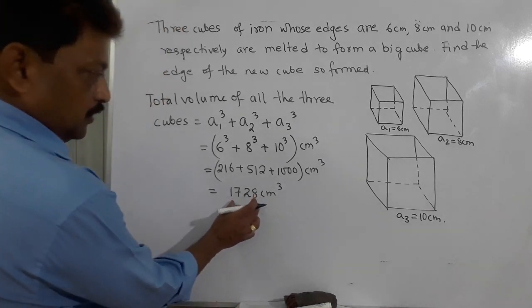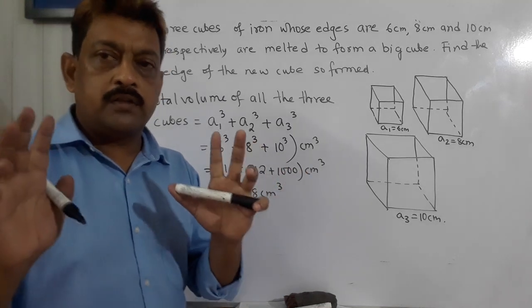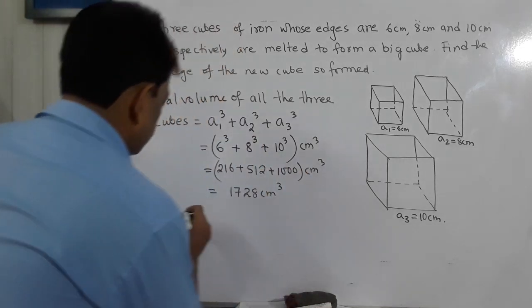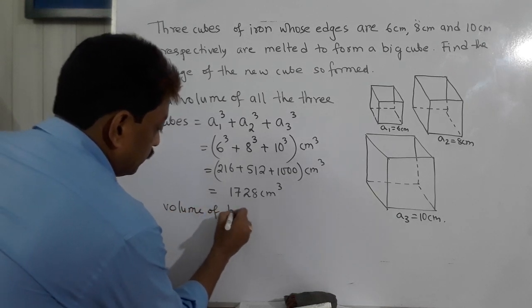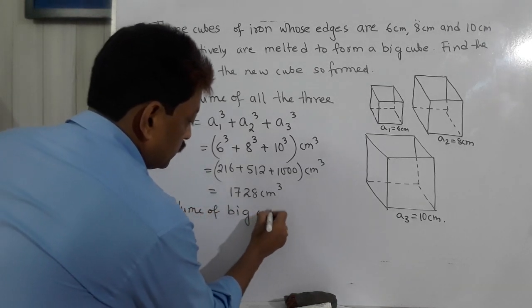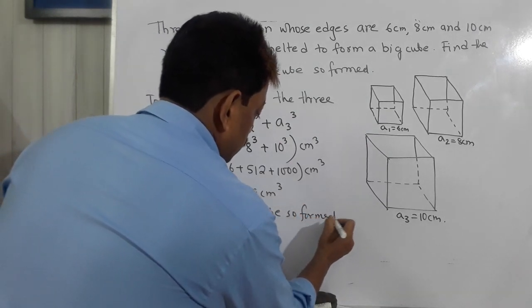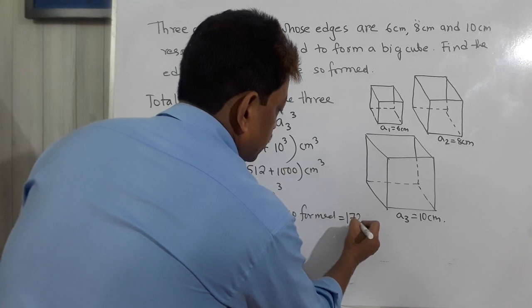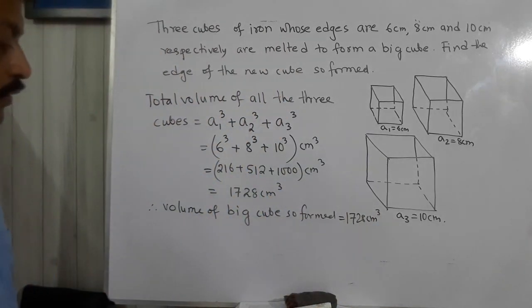Now, this volume is the same as the volume of the single cube so formed, the big one. So, volume of the big cube so formed is also 1728 centimeter cube. Understood?